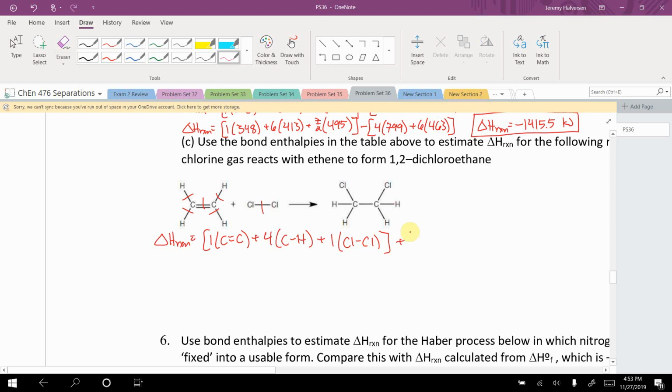And what forms? I have 4 CH bonds that form, and I have 2 CCl bonds that form. Okay, so CC double bond is 614.